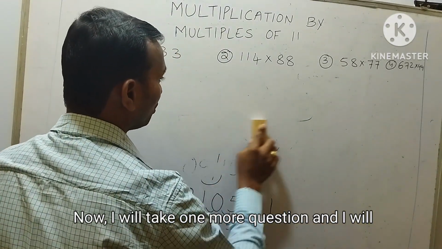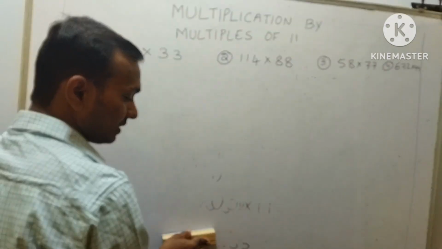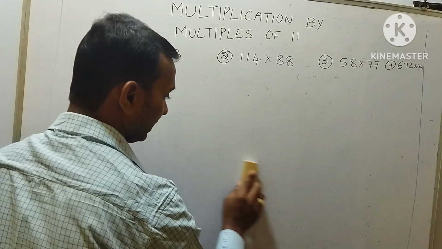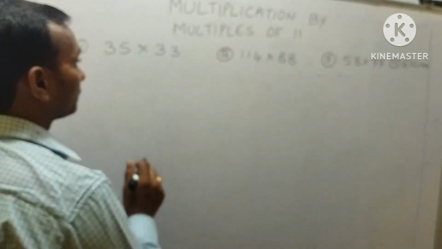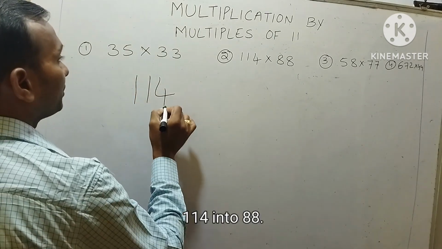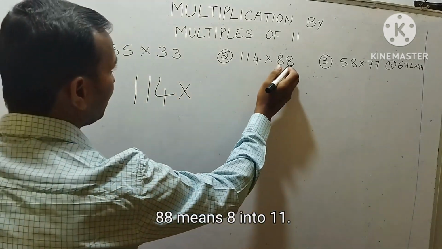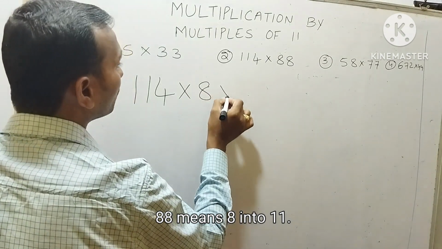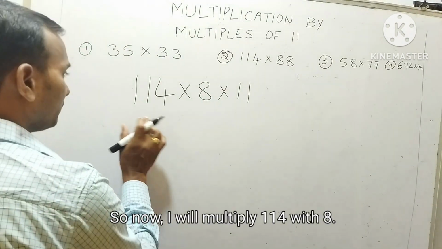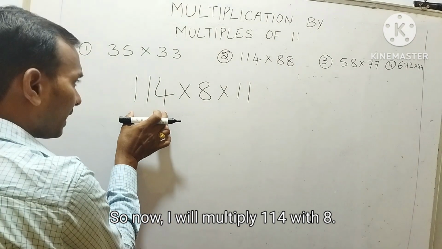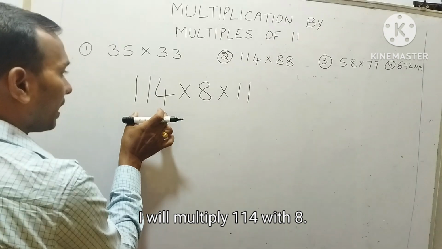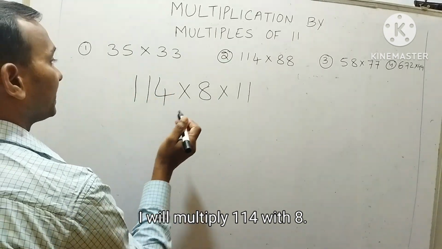Now I will take one more question and I will explain clearly. 114 into 88. 88 means 8 into 11. So now I will multiply 114 with 8.